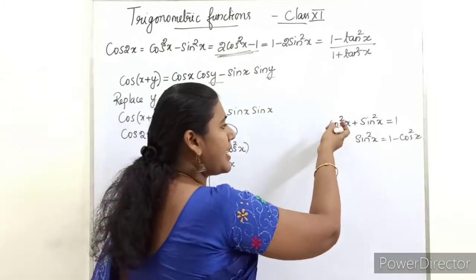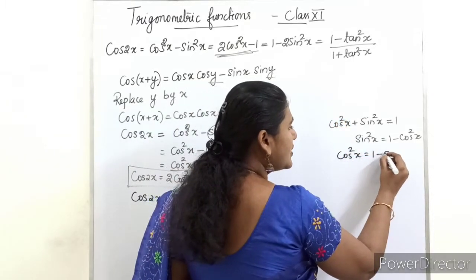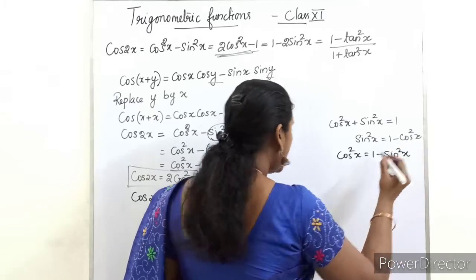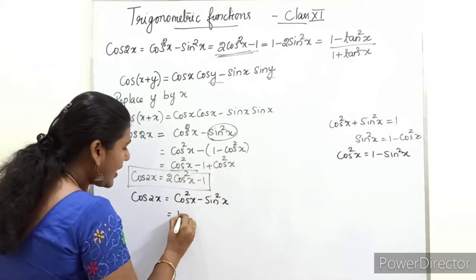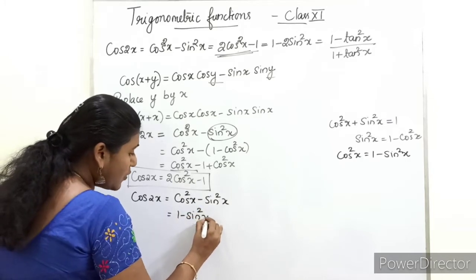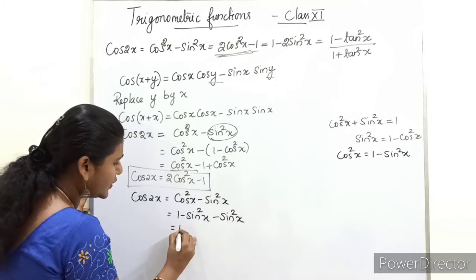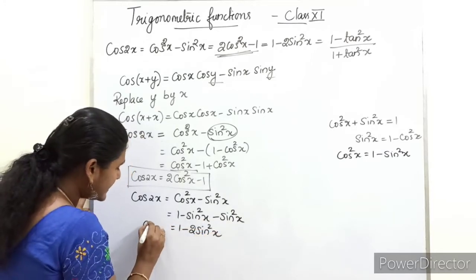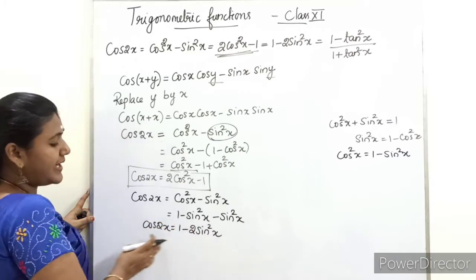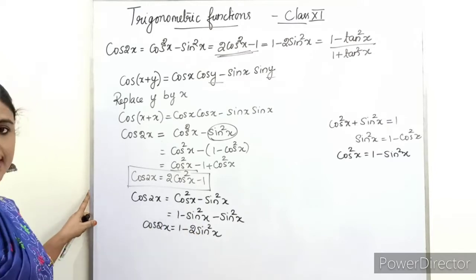From the same identity, cos square x is equal to 1 minus sin square x. So we substitute 1 minus sin square x: 1 minus sin square x minus sin square x, which is equal to 1 minus 2 sin square x. So we got the third identity: cos 2x is equal to 1 minus 2 sin square x.